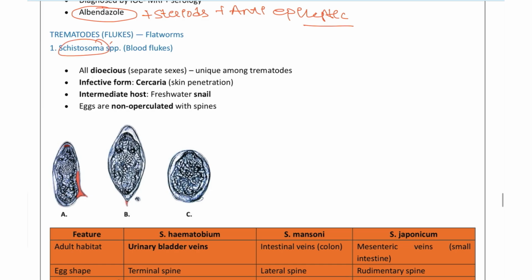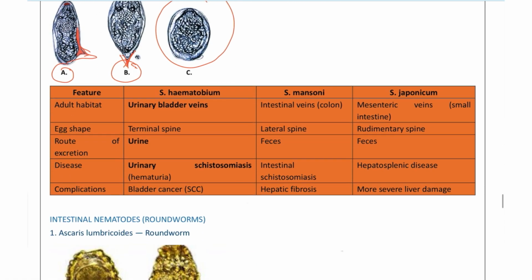Schistosoma species. This is haematobium, okay, where you are going to see the terminal spine. Like this, the spine will be seen, and this is mansoni with a lateral spine. And here, japonicum. Japonicum is in the round form that you are going to see.